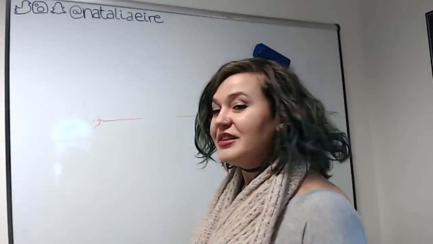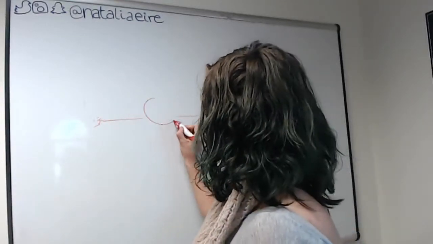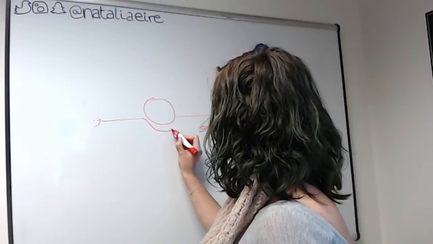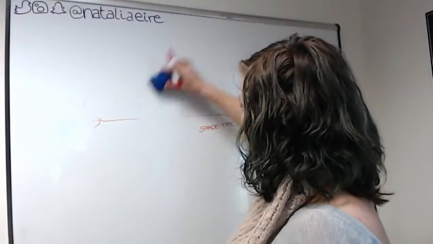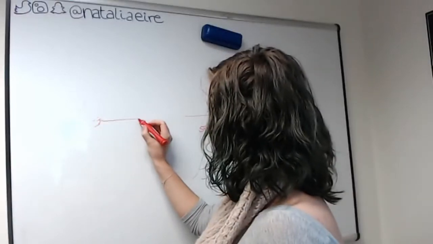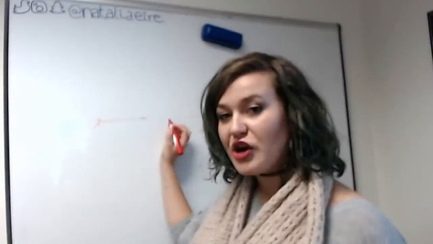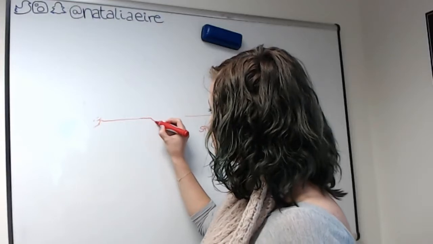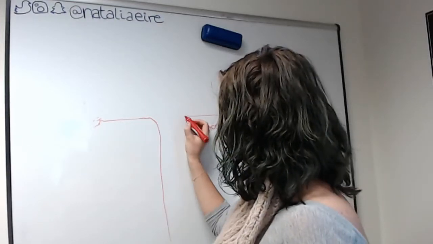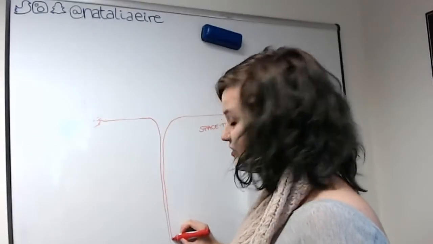So the bigger the thing we put up here, the more the space-time fabric is going to curve. And essentially what a black hole is, is when you have something which is very, very tiny, but it's curving this thing a lot, and our space-time fabric just goes way down to infinity.